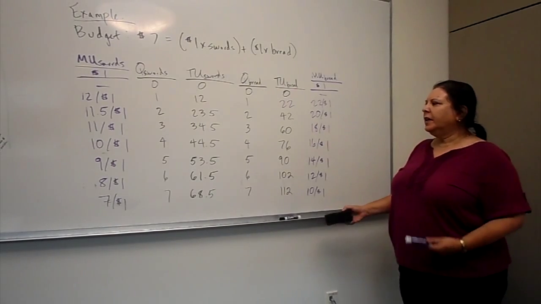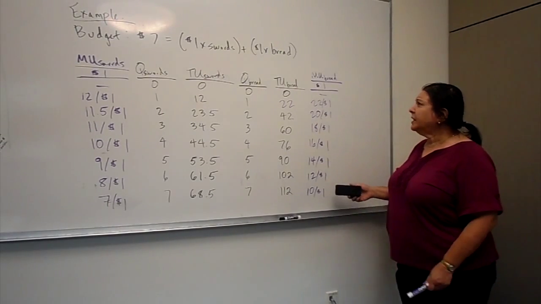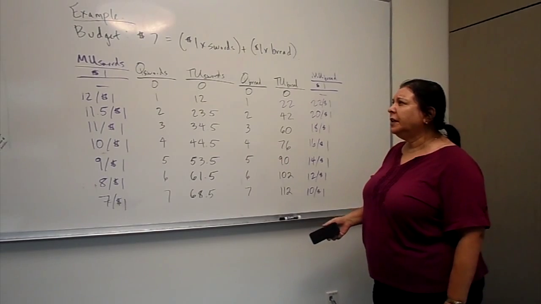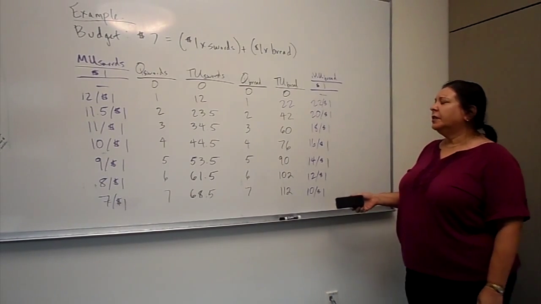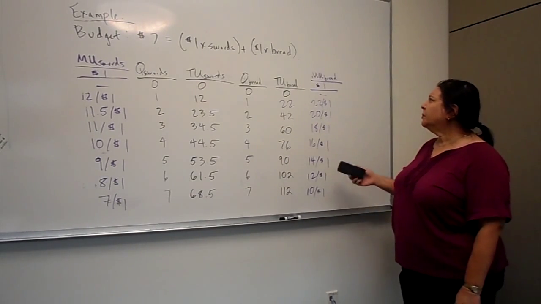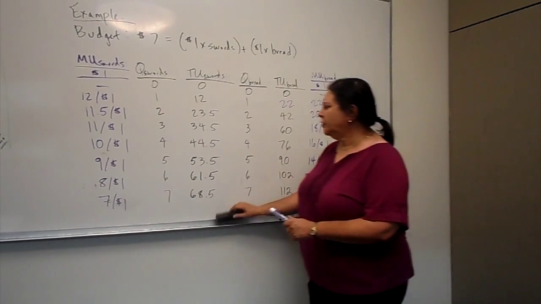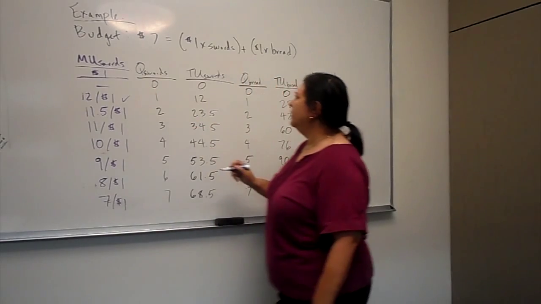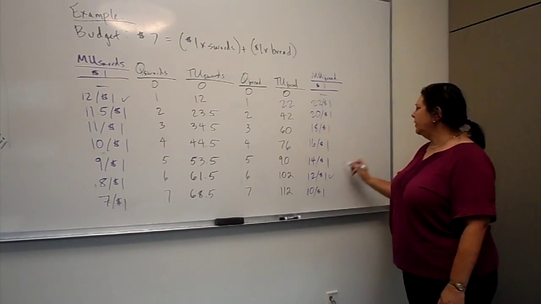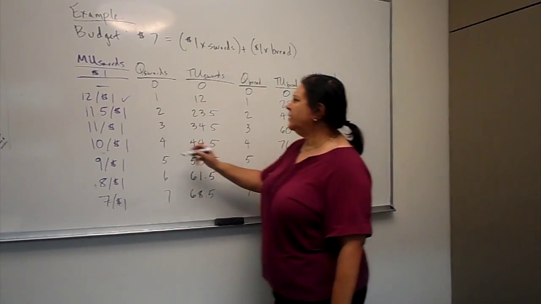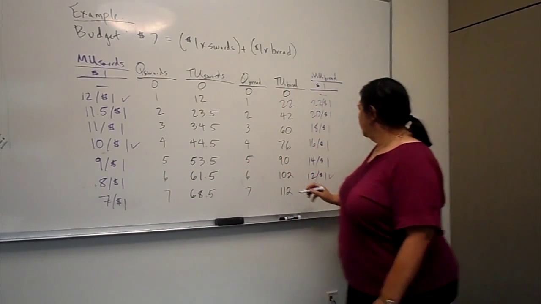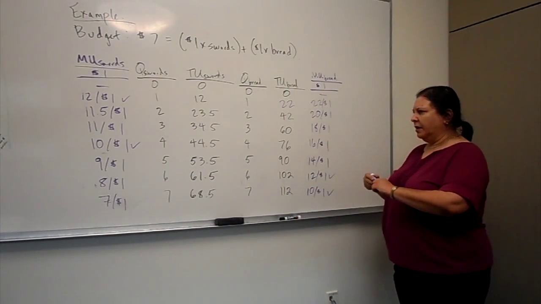Another way to see that is by seeing when the marginal utility of swords divided by 1 equals the marginal utility of bread divided by 1. So here's a 12, and here's a 12, and here's a 10, and here's a 10.